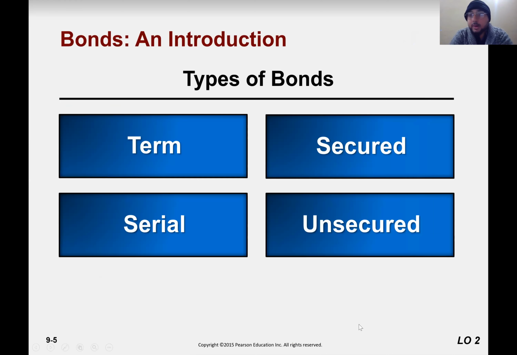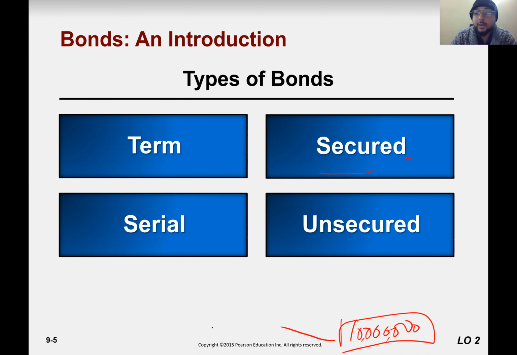So there are types of bonds: term bonds, secured bonds, serial bonds, unsecured bonds. Term bonds are those in which there are some kind of terms and conditions, right? Secured bonds are those bonds that are backed by some kind of security. For example, the company says, okay, we are issuing a total loan of $10 million, and what you have to do is give us the loan.